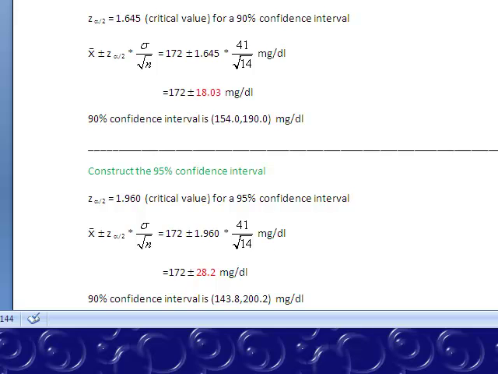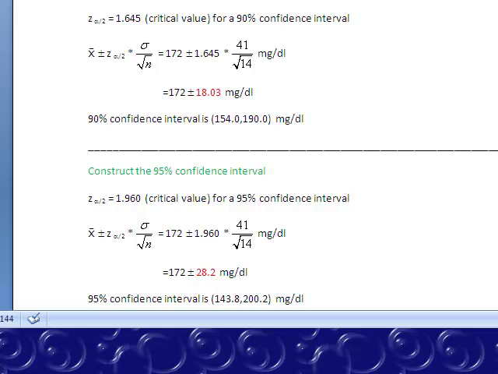What I want you to note here is, look at the margin of error for my 95% confidence interval. It's 28.2. And there's one mistake, it should be 95. So for the 95% confidence interval, our margin of error is increased to 28.2.